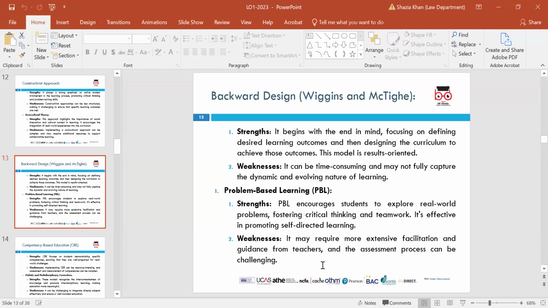Backward design has three stages: identifying outcomes, determining the acceptable evidence to support these outcomes, and planning corresponding instruction, tasks and experiences. Then we've got problem-based learning, PBL, which encourages students to explore real-life problems, fostering critical thinking and teamwork.